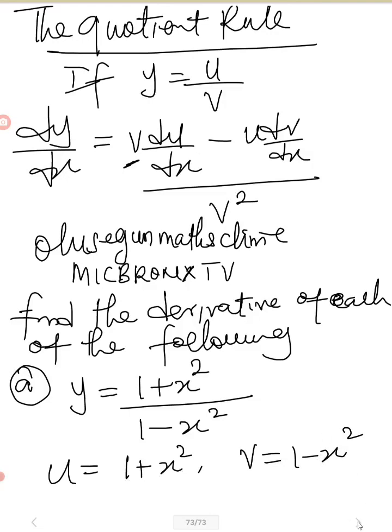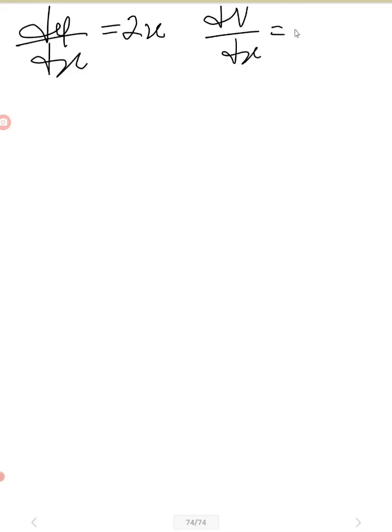So therefore, let's differentiate one by one. The u with respect to x gives us 2x. The v with respect to x gives us minus 2x.